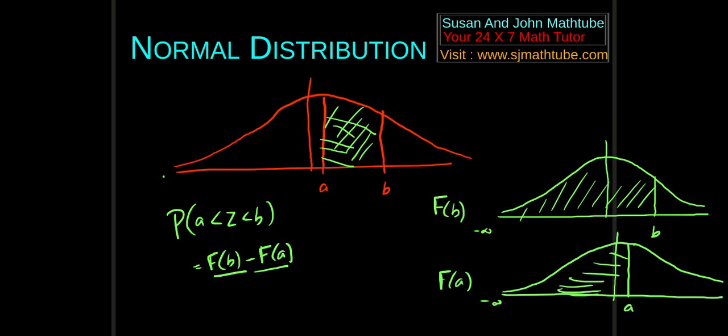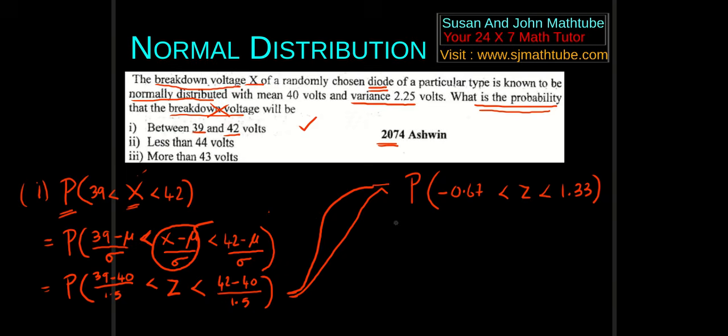F of b means the area from minus infinity till b, and F of a means the area from minus infinity till a. So if you subtract the bigger one and the smaller one, you're going to get the area in between. So we had 3 cases.